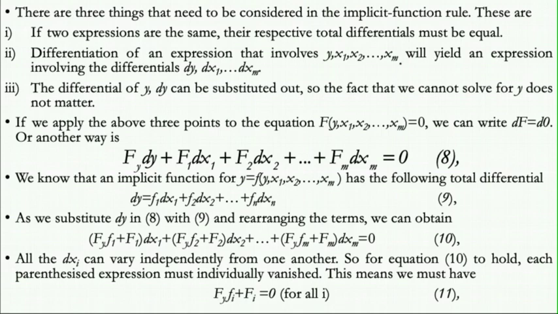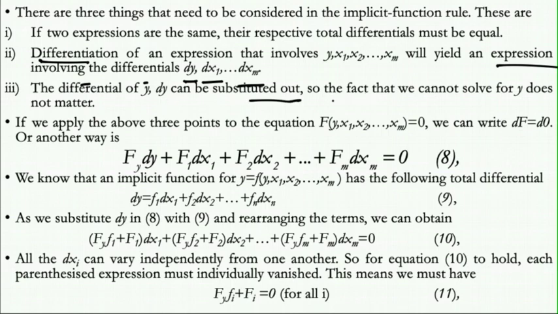Number two, differentiation of an expression that involves y, x1, x2 until xm, or in other words, differentiation of an expression from an implicit function, will yield an expression involving the differentials dy, dx1 until dxm. Now number three, the differential of y, which is dy, can be substituted out.